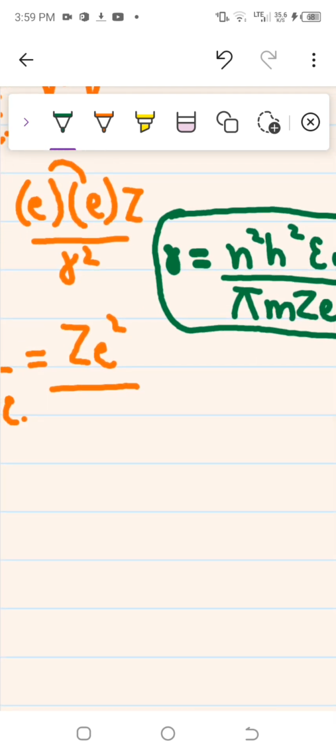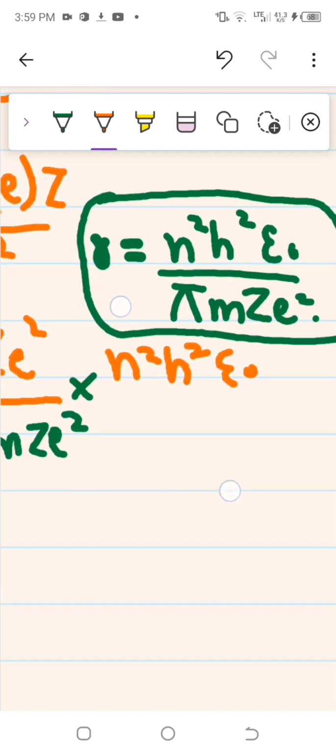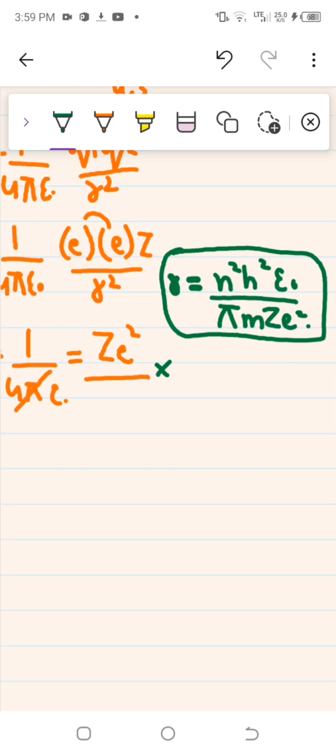Here we take the reciprocal, for the divide form we have pi m Z square into the upper term n square h square epsilon.